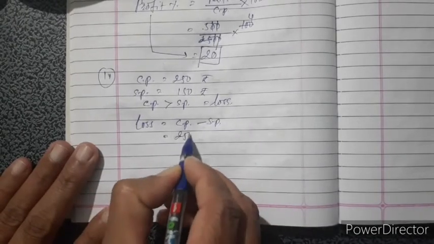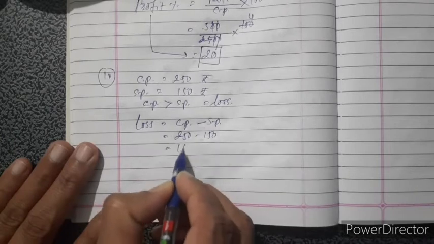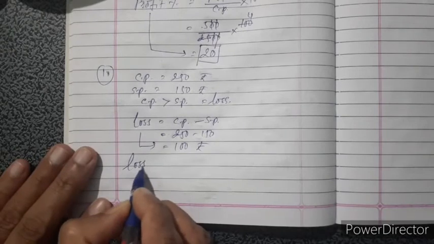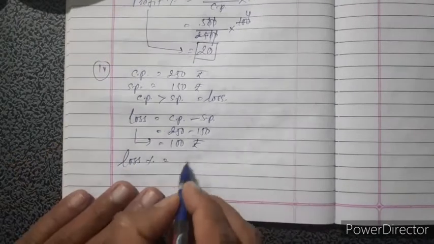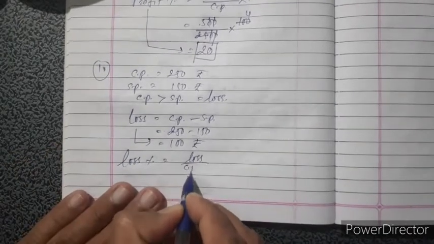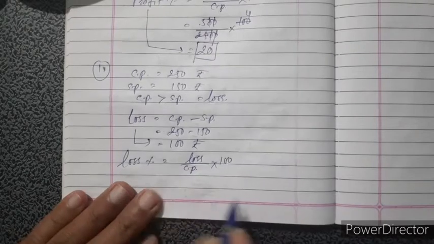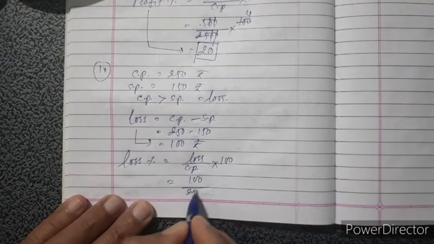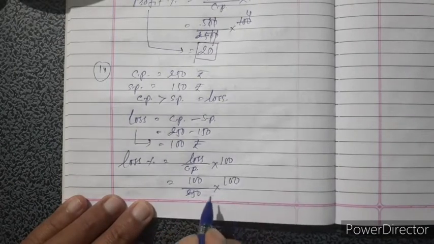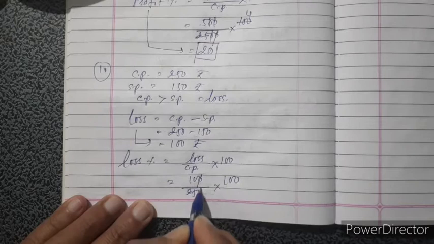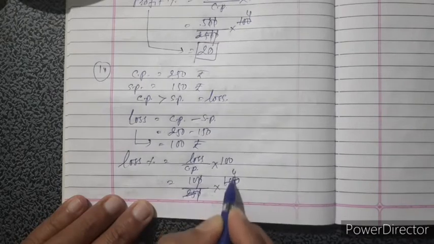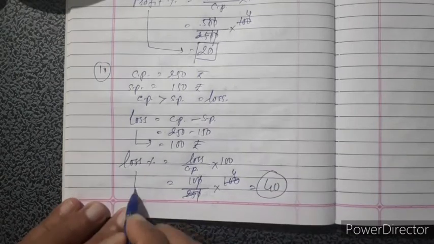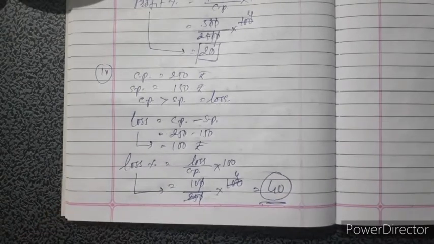So 250 minus 150 equals 100 rupees loss. And loss percentage, same formula, loss divided by CP into 100, that is 100 divided by 250 into 100. Okay, so 10 cut, 25 4s and 4 into 10, that is 40. Okay, so loss percentage is 40.